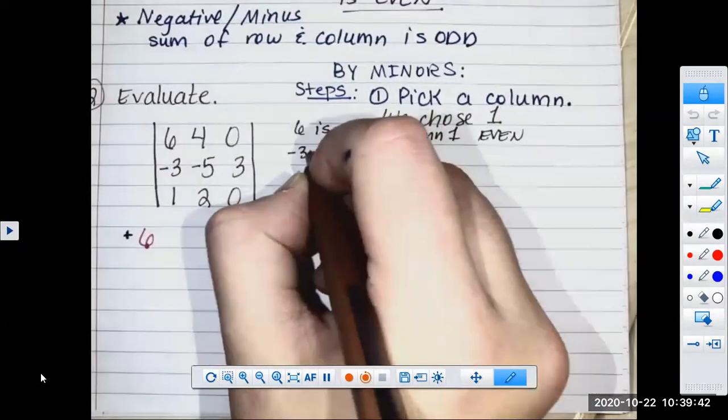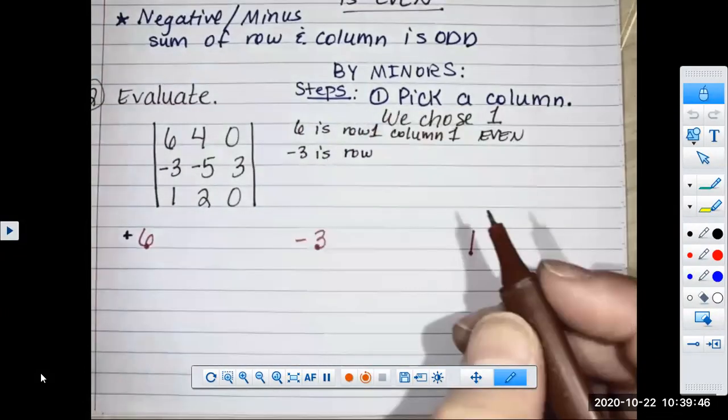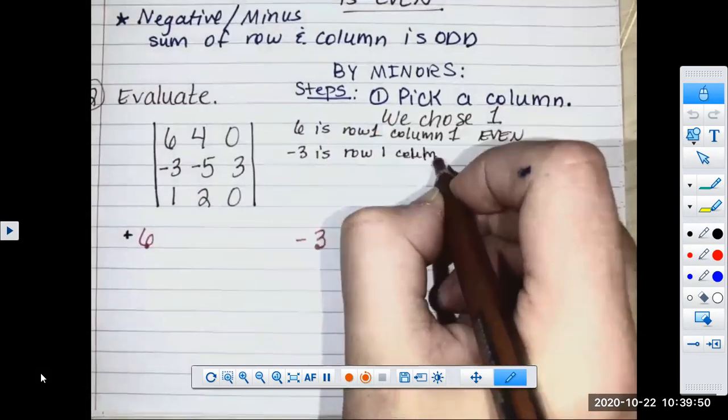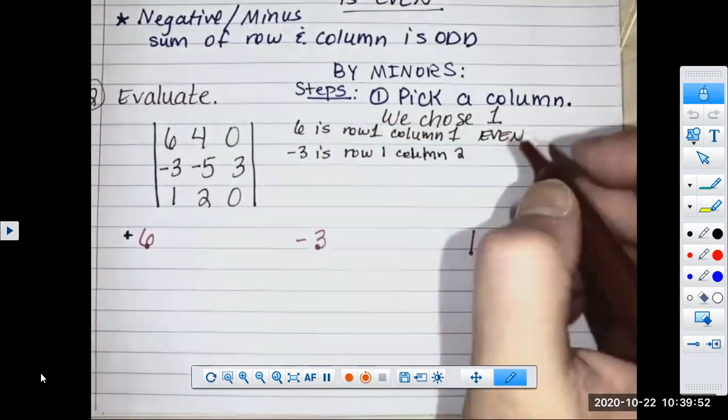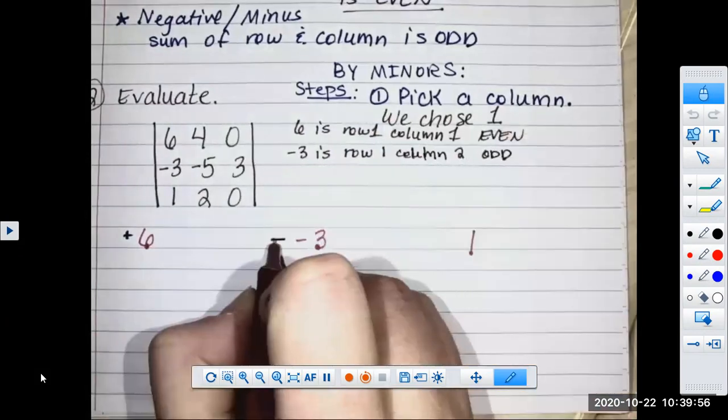So that's +6. -3 is in what? Row 2, column 1, sorry. Row 2, column 1, that's odd. So this gets a minus sign.